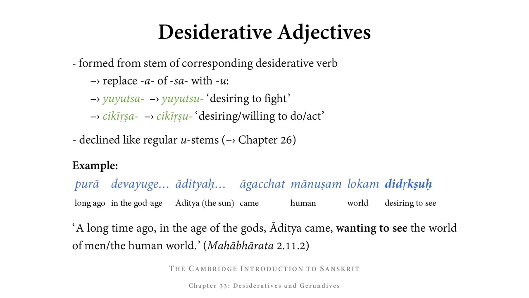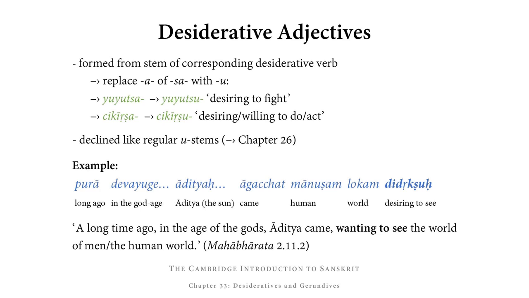From cikīrṣa, which is the desiderative verbal stem of kr, to do, so cikīrṣati, he wants to do, we get the desiderative adjective stem cikīrṣu, meaning desiring or willing to do or to act. Desiderative adjectives are declined like regular short u stems, which were introduced in chapter 26.